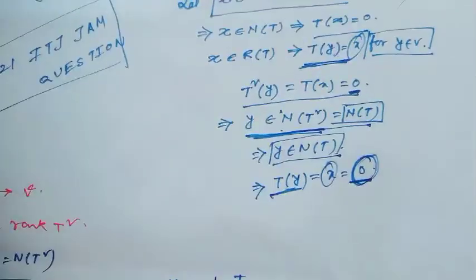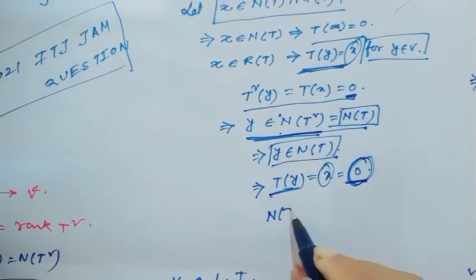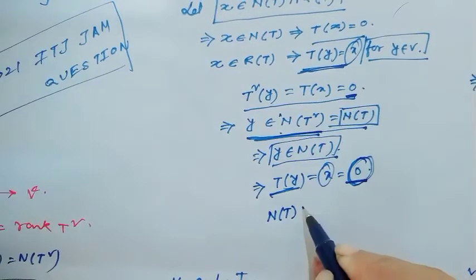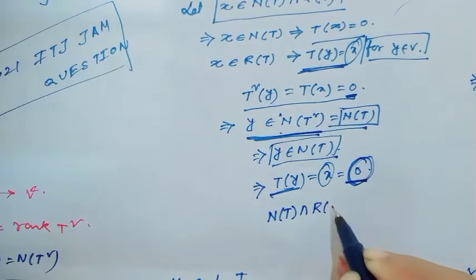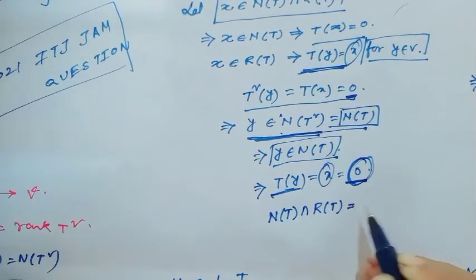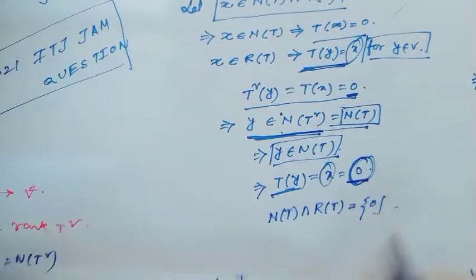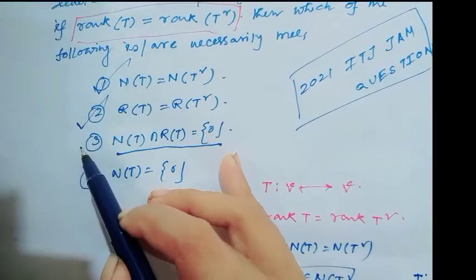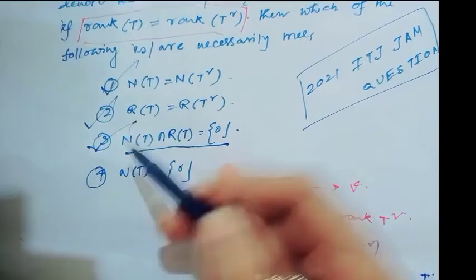So the null space of T intersection the range space of T equals the singleton set 0, and option 3 is a right option.